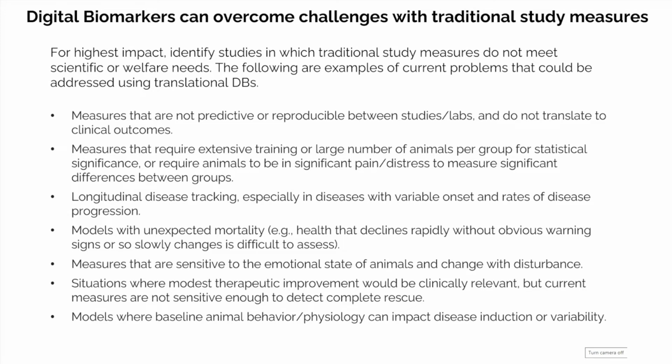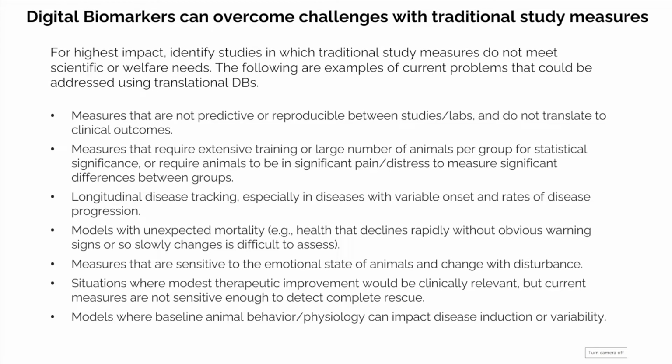Even if we can't fully reproducibly introduce it, it gives us a baseline for understanding the response to therapies based off of what we can actually track longitudinally across the study.